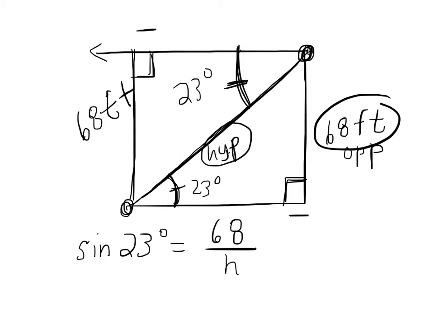So we'll just let that be the letter H. Now what I'd like you to do is to isolate H. So we have the sine of 23 degrees equals 68 over H.